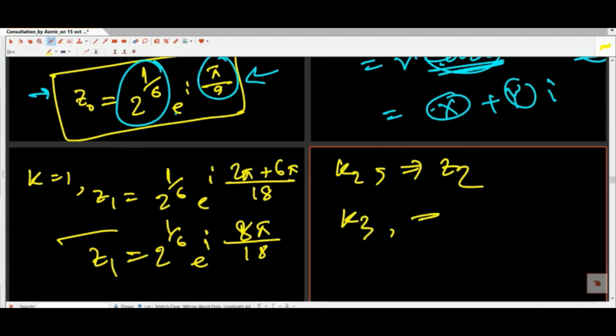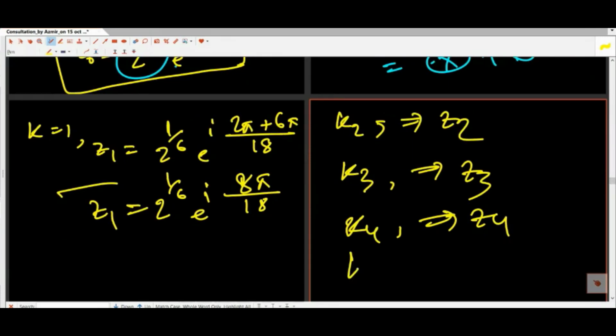Similarly, for k2 we will have z2, for k3 we will have z3, for k4 we may have z4, and for k5 we will have z5. That means when k equals 2 we get z2, k equals 3 we have z3, k equals 4 we have z4, k equals 5 we have z5.